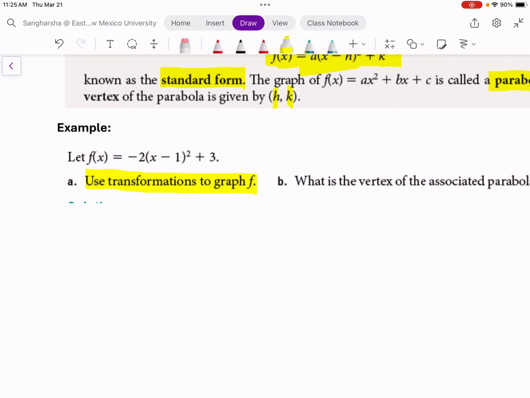The very first thing is that we need to find the basic function. What is the basic function for this one? Since this is a quadratic function, it's always y equals x squared. So let's write down the basic function. Our basic function is y equals x squared.